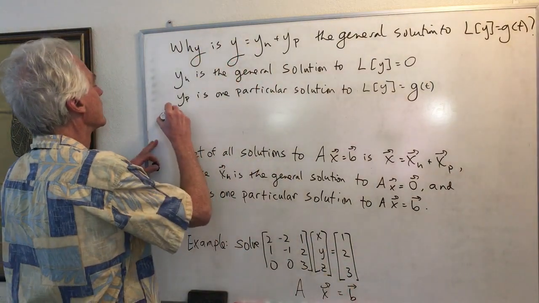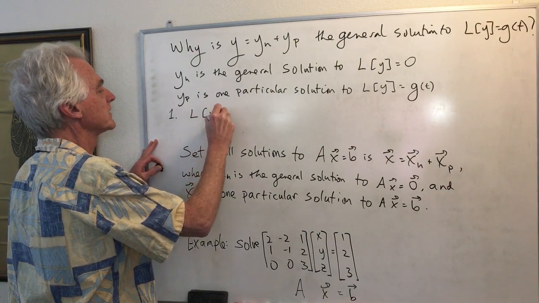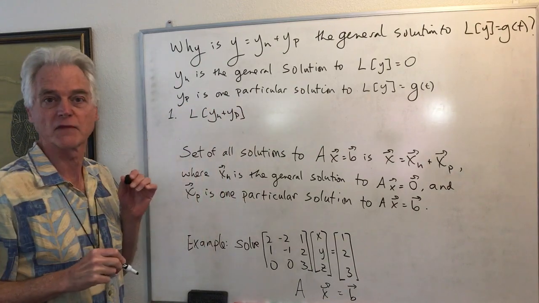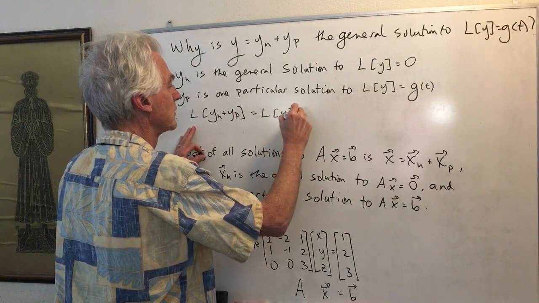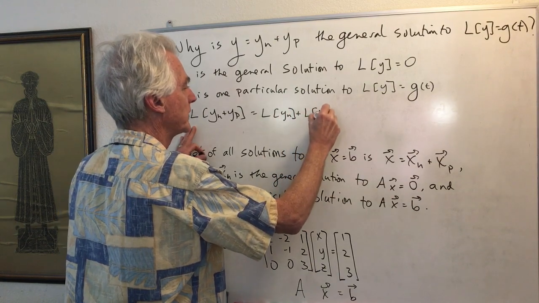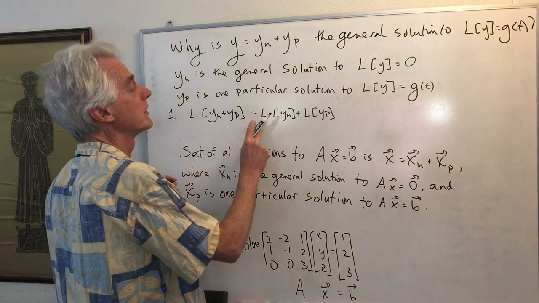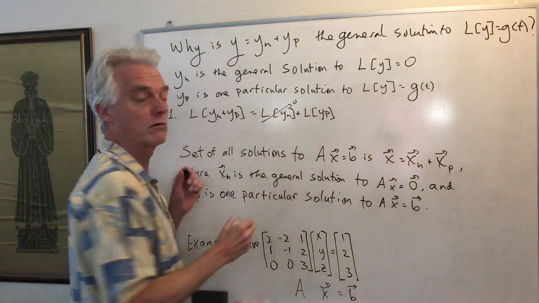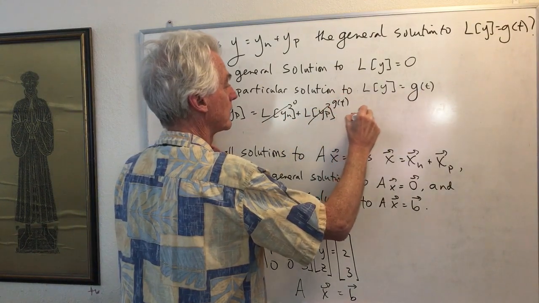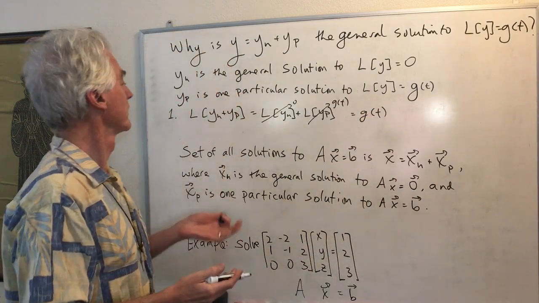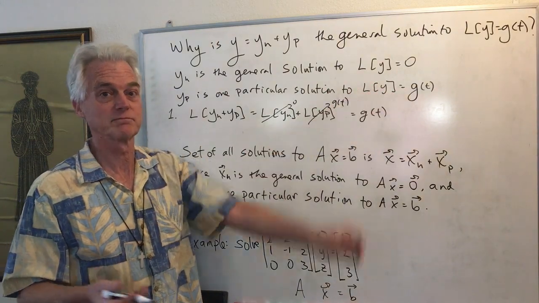So, step one, if I take L of yh plus yp, because L is a linear operator, this is L of yh plus L of yp. But we already know that L of yh is 0 and L of yp is g of t, right? So that means that this sum is a solution to the ODE, right?